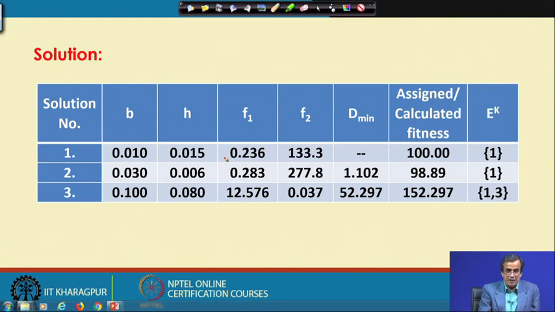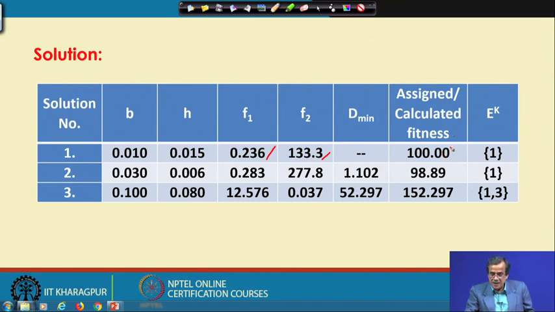So, f 1 is coming to be equal to 0.236, f 2 is 133.3, and for the d minimum we do not assign anything here. We assign some random fitness for this first solution, and let me assign that this is 100.00.